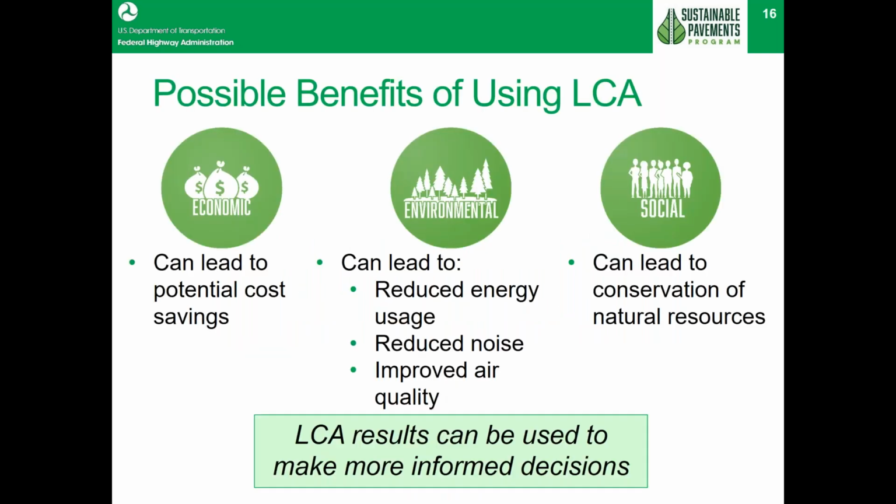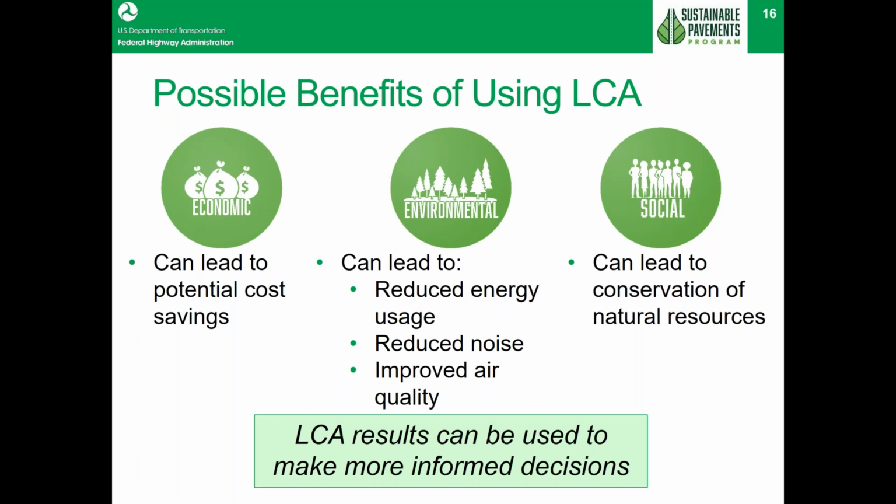So a few examples highlighting the benefits of conducting an LCA to improve pavement sustainability are shown on this slide. LCCA can be used to improve the economic component of sustainability. The environmental aspect, which is LCA, can lead to reduced energy usage, reduced noise, and improved air quality.